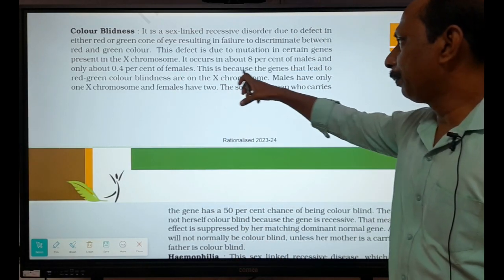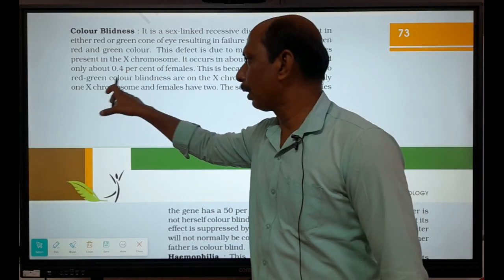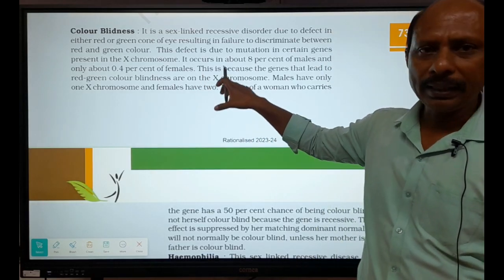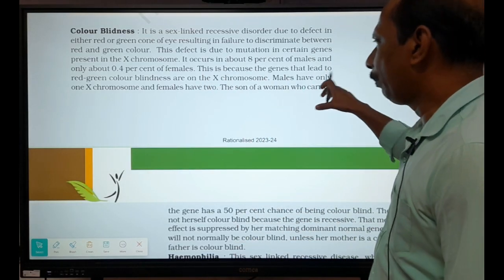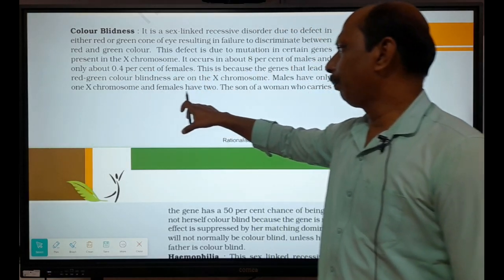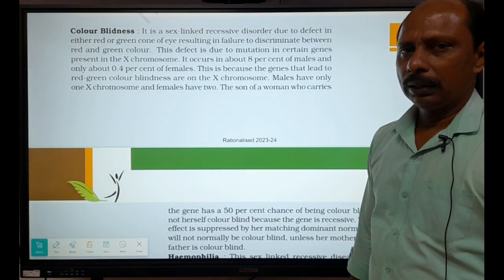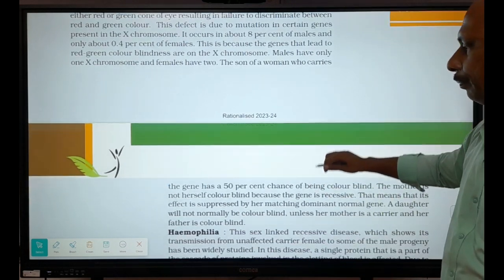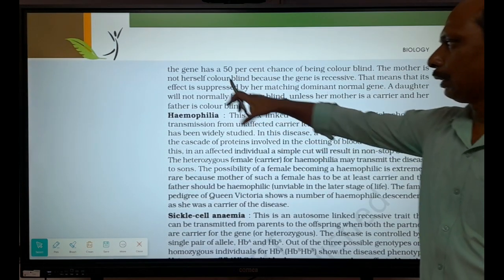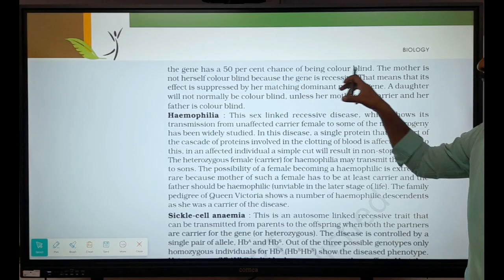This is because the genes that lead to red-green color blindness are on the X chromosome, and females have both X chromosomes. Males have only one X chromosome and females have two, right? The son of a woman who carries the gene has a 50% chance of being colorblind.